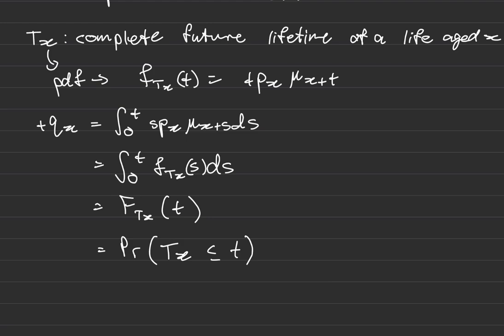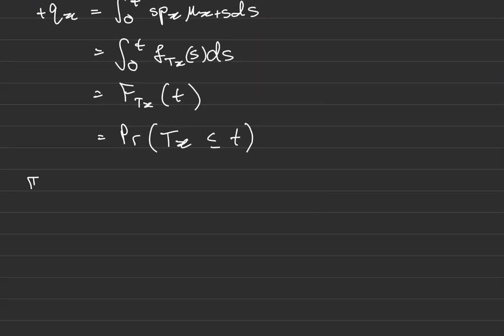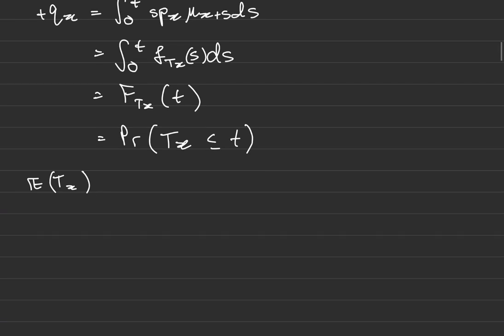All right, now we also have the expectation of Tx. So what happens if we want to know how long this person that is currently aged x is expected to live? Well, we integrate from 0 to infinity, if I assume that this person could theoretically live up until any age. And obviously, they can't live a negative number of years. Their lifetime lies ahead of them. So 0 to infinity, and my variable here is going to be t.